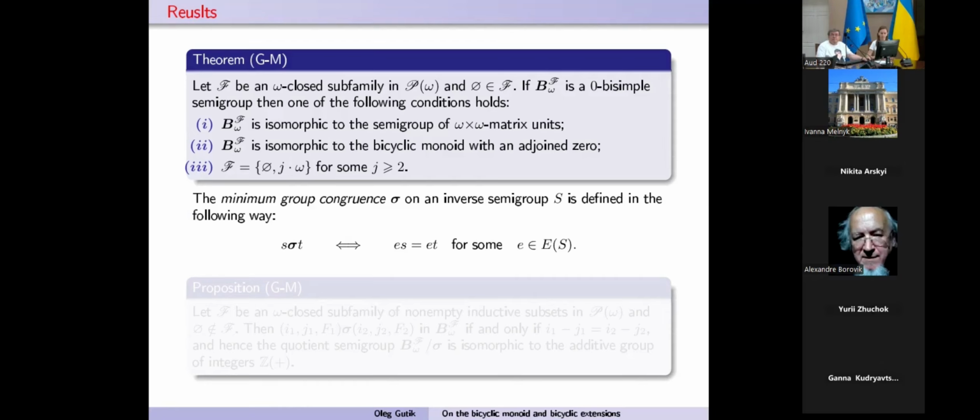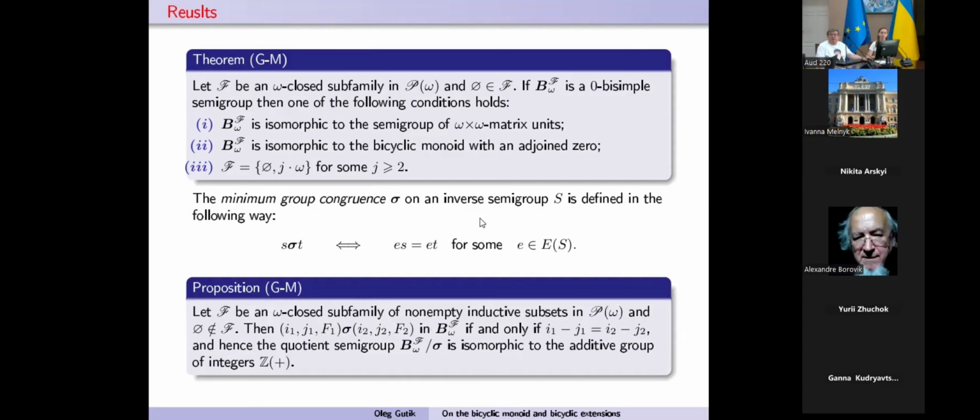Every inverse semigroup admits a minimal group congruence, which is defined by the following formula. We have a nice proposition: if F is an omega-closed subfamily of non-empty inductive subsets of P(omega) and the empty set does not belong to F, then two elements are sigma-equivalent, that is, equivalent under the minimum group congruence, if and only if the following condition holds.